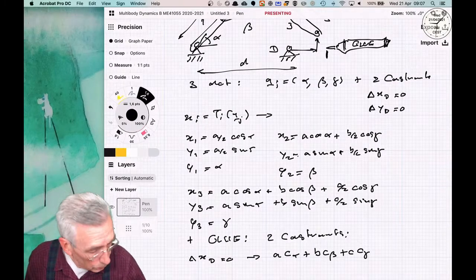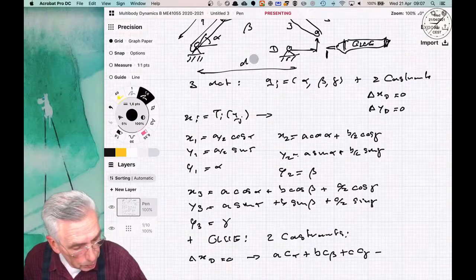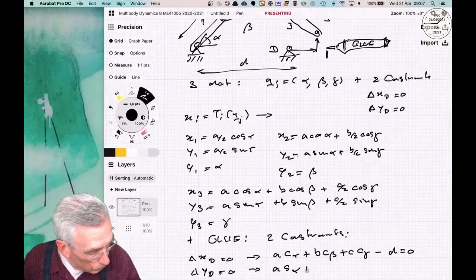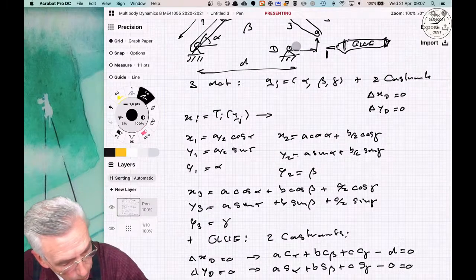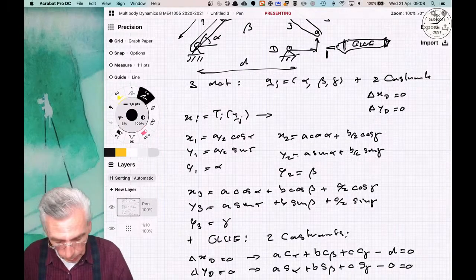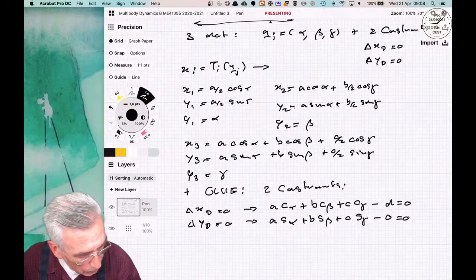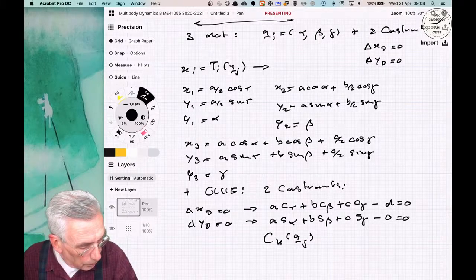I use a shorthand notation, by the way. Minus this distance d is 0. That's one constraint. And the other one, in the y direction, we get a sine alpha plus b sine beta plus c sine gamma minus 0 is 0. And then this together with this gives our original system. Or in this sense, these equations are C_k(q_j) = 0.